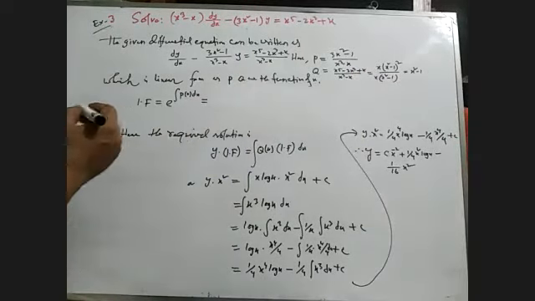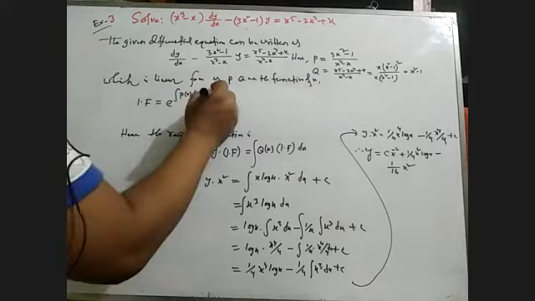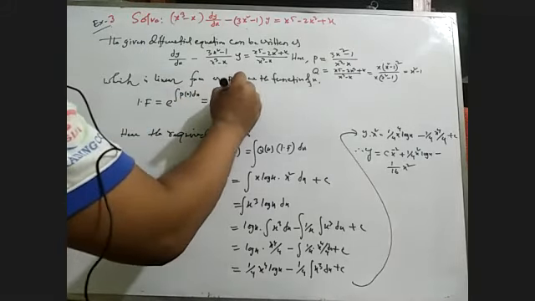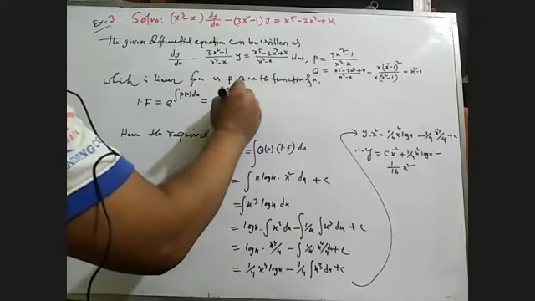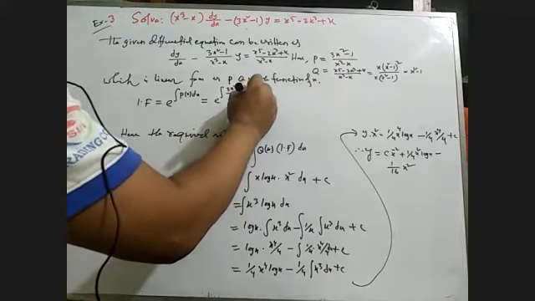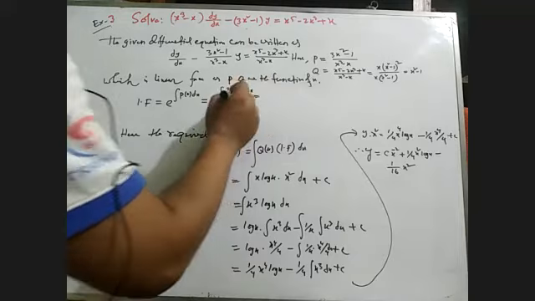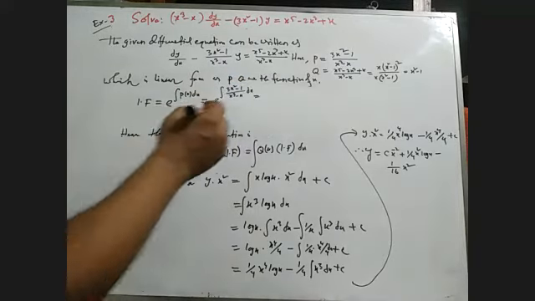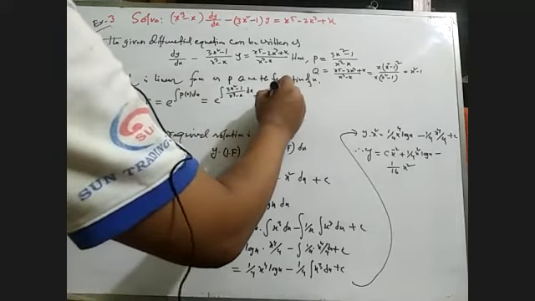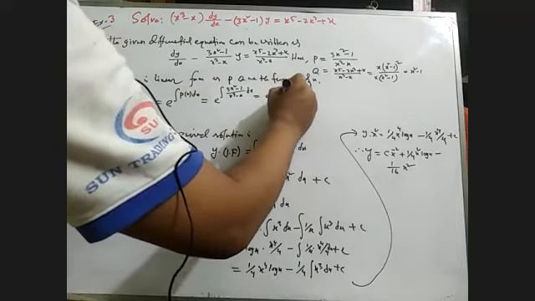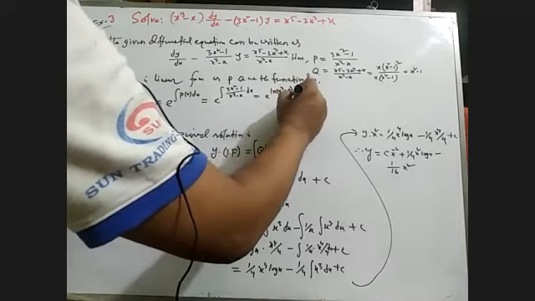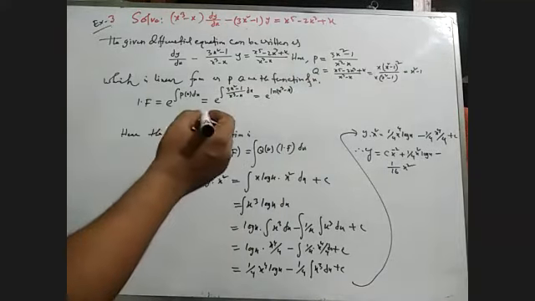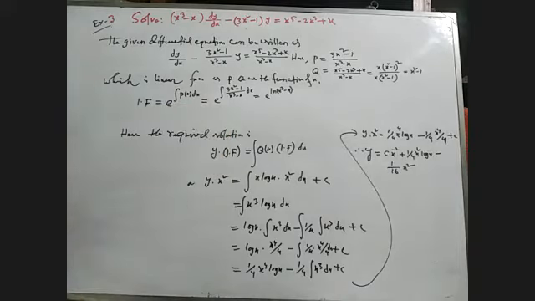So the integrating factor can be calculated like this. The integral of p is the integral of (3x square minus 1) divided by (x cube minus x) dx. Remember this, the differentiation of the denominator equals the numerator. So it will be ln of x cube minus x.